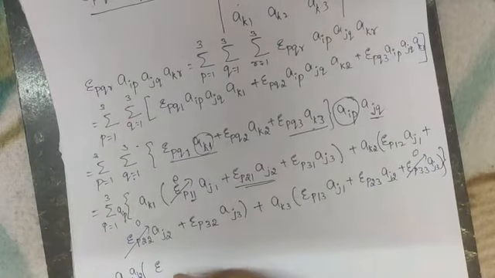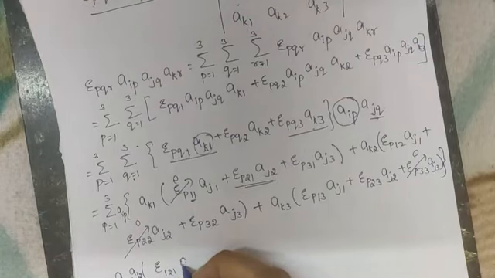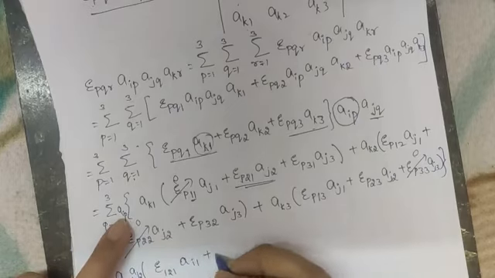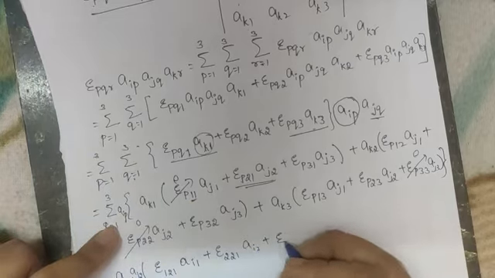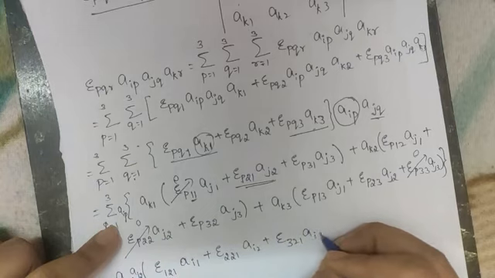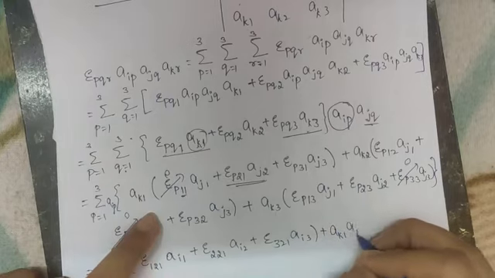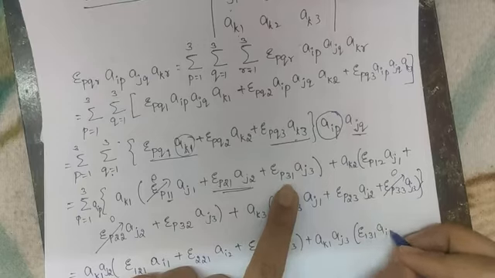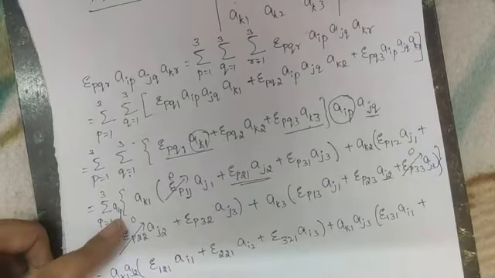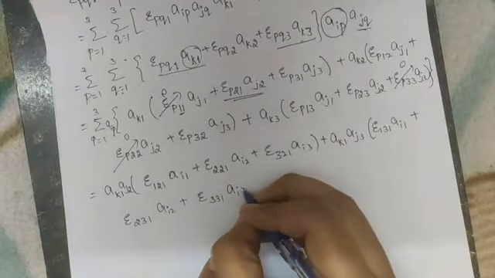Here what you will get: epsilon 121 ai1 plus epsilon 221 ai2 plus epsilon 321 ai3, plus ak1 into aj3 into epsilon 131 ai1 plus epsilon 231 ai2 plus epsilon 331 ai3.